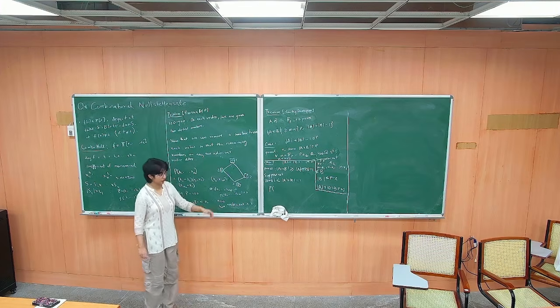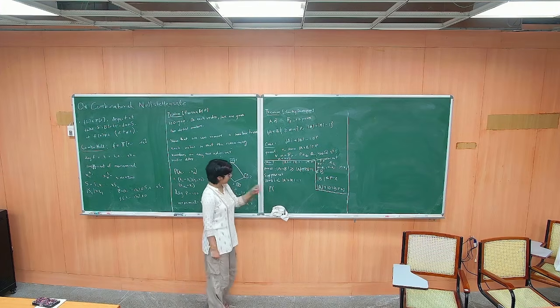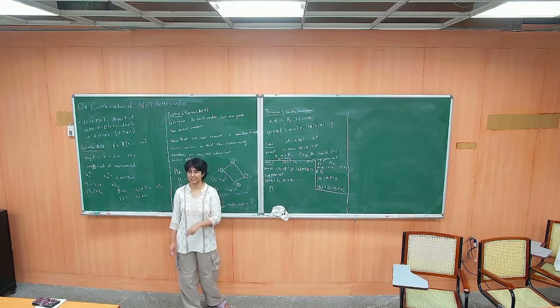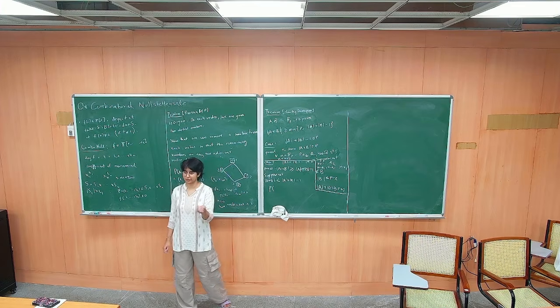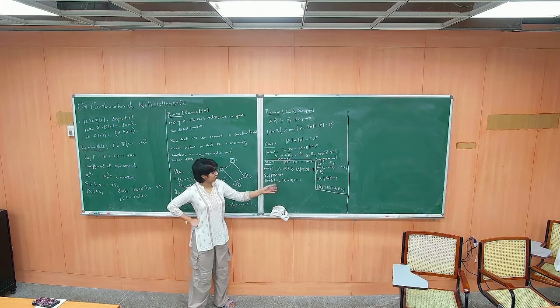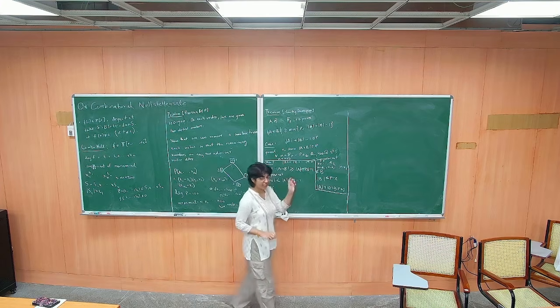Okay, let's quickly do this. The polynomial we're going to work with will use two variables, each for sort of the A and B's.